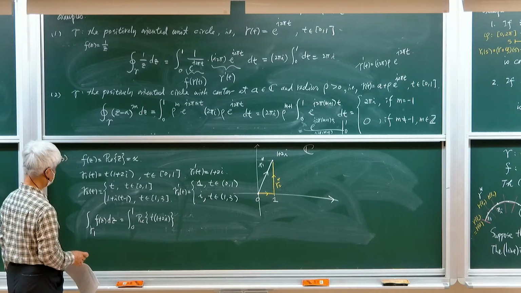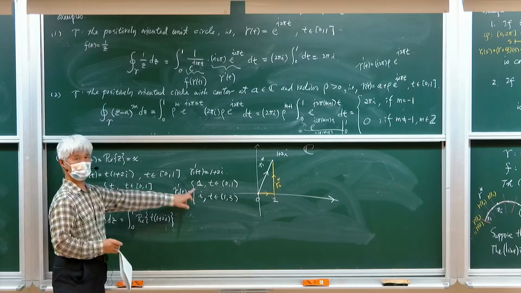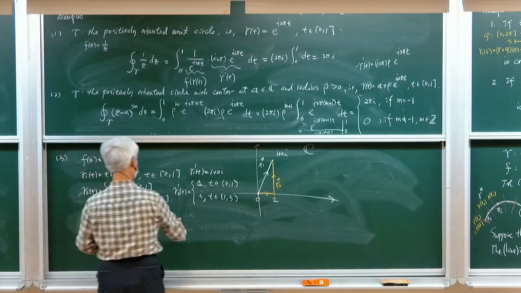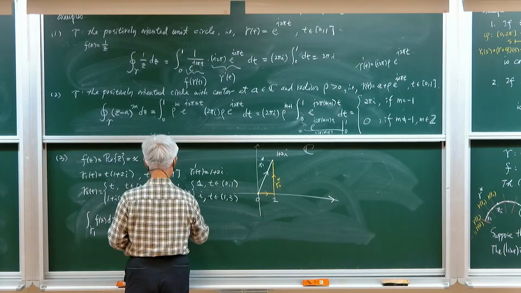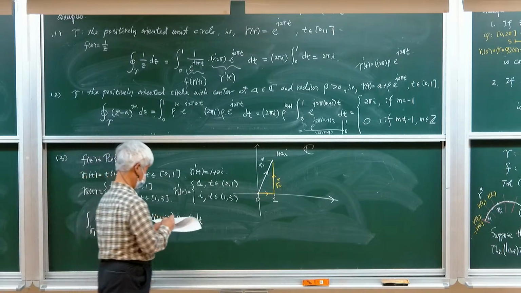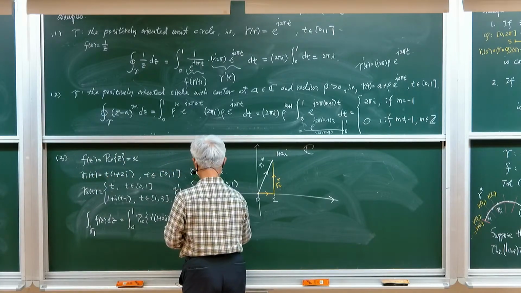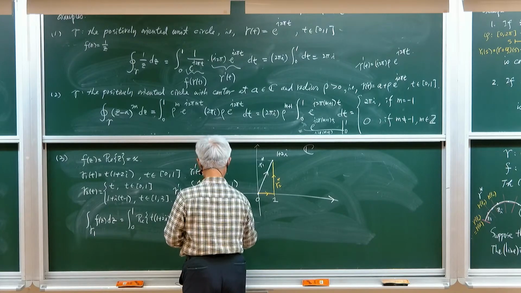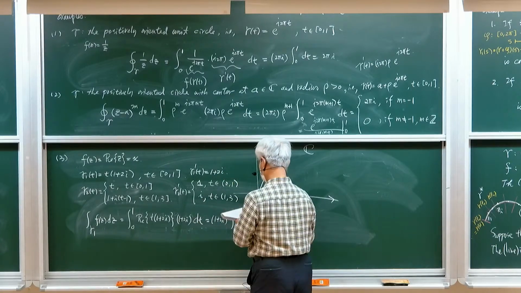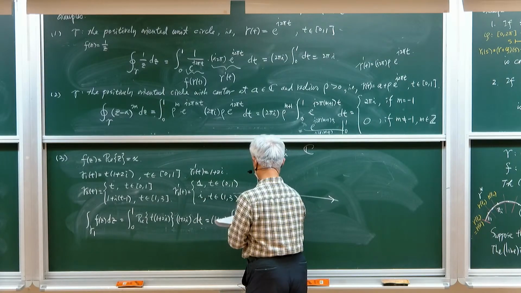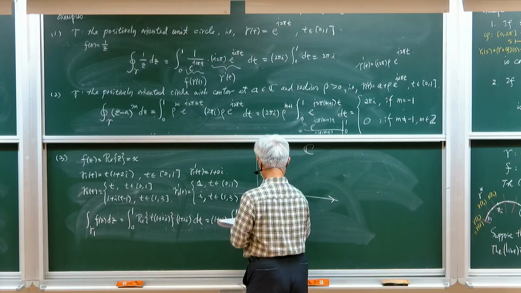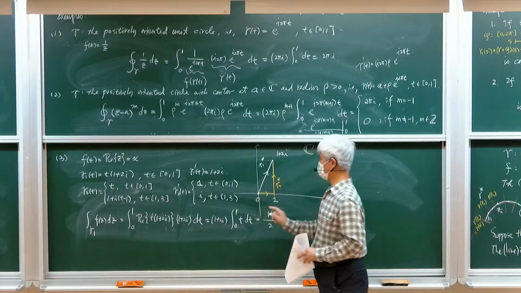Okay. So you can see, along this, this is (1 plus 2i) dt. And what is that? This is (1 plus 2i) times the integral of the real part, t dt. So that this is 1/2. So the value is this one.